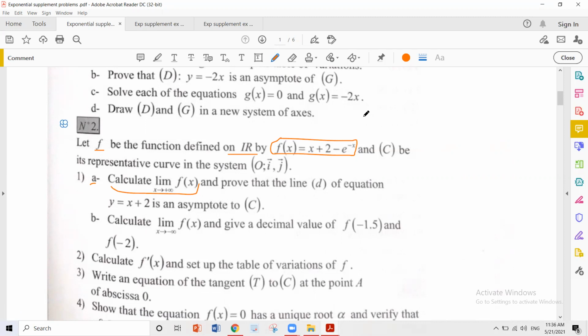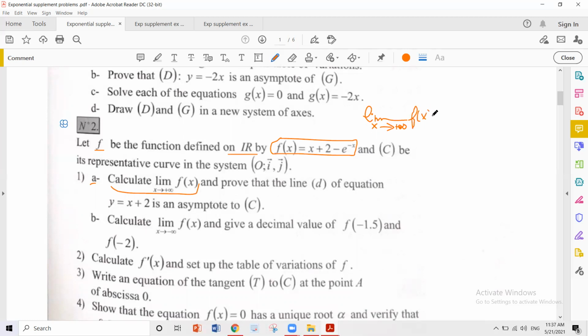How much will be the limit as x tends to plus infinity here? How much, Chris, the limit as x tends to plus infinity? Plus infinity.